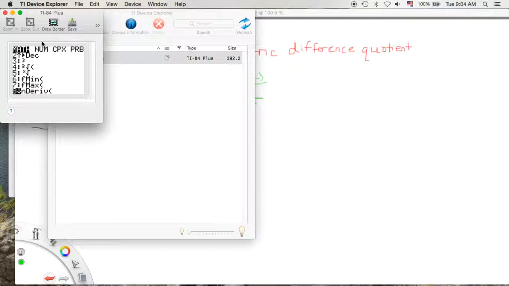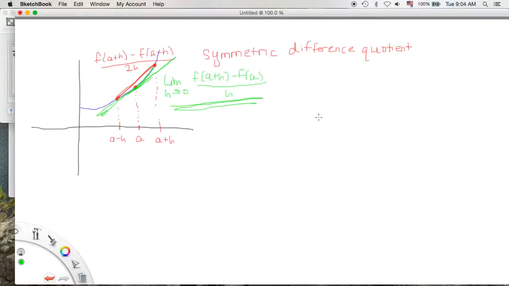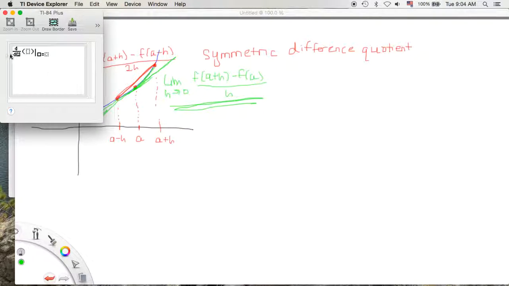What that's going to do is find your numerical derivative at a point, and it uses this symmetric difference quotient to do that. So it's using this formula here to calculate your derivative.